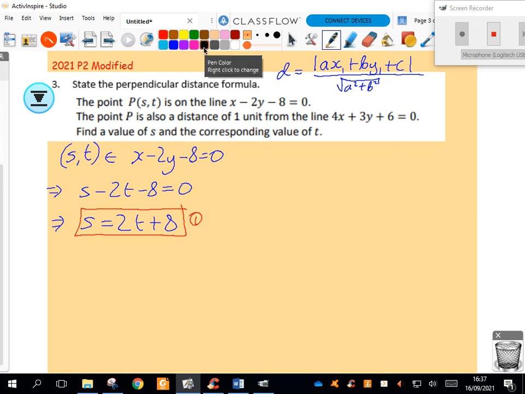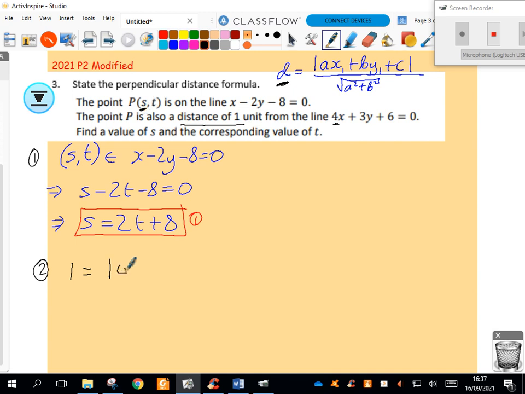Second thing says P is also a distance of 1 unit from the line 4x plus 3y plus 6 equals 0. So I'm going to use my distance formula here. Here the distance is given. The distance is 1, so that's my d. So from the second part, my distance d, which we're given as 1, is equal to the absolute value of ax1. Well, a is the coefficient of x, and x1 is the x-coordinate of the point.